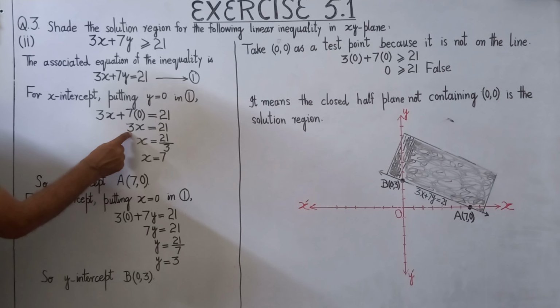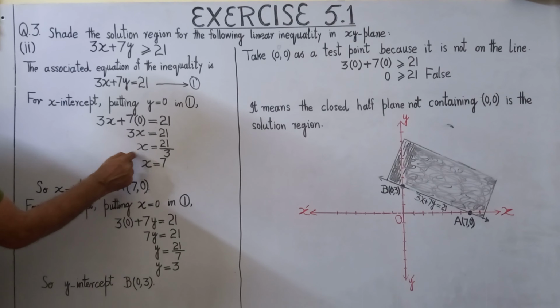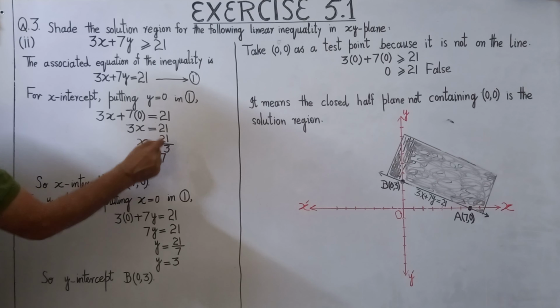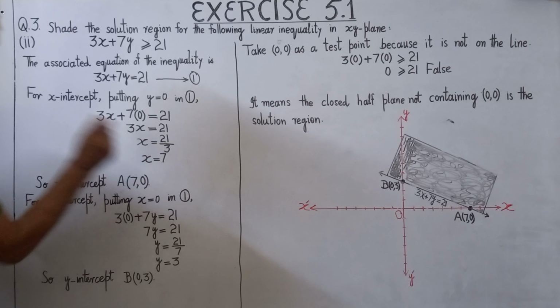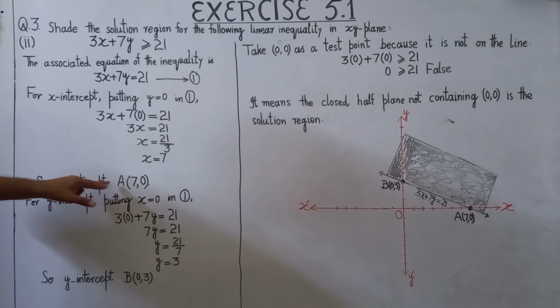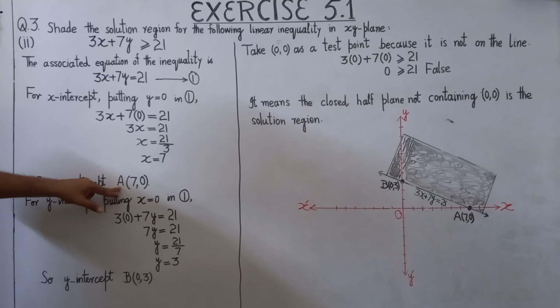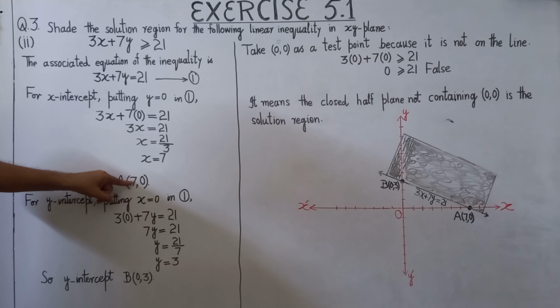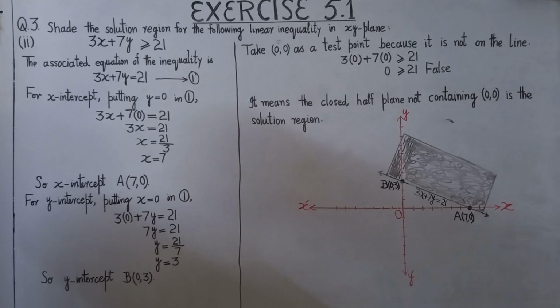Dividing both sides by 3, 3 cancels with 3, and 21 over 3, 3 sevens are 21, so x is 7. So x-intercept, which is point A, has coordinates: first write x coordinate and then y coordinate, that is 7 and 0.